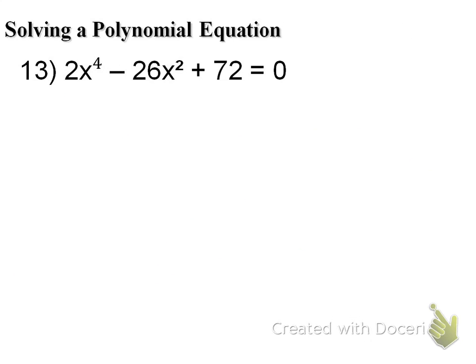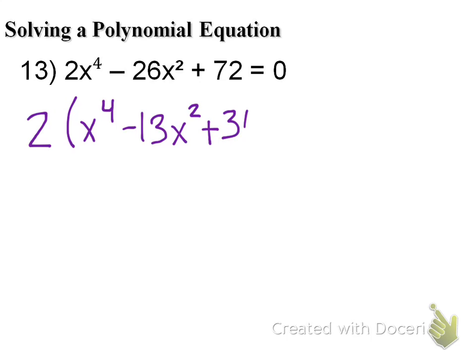All right, here's number 13. Very similar setup to number 12. How am I going to start this one? Bring out a 2, no x. The 72 doesn't have an x. So this is just x to the 4th minus 13x squared plus, what does that give you, 36 equals 0.